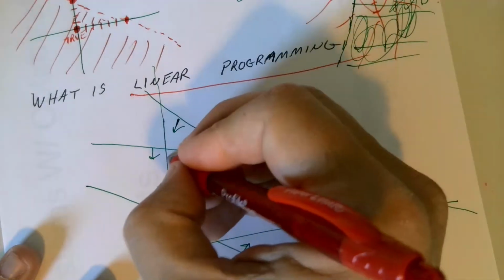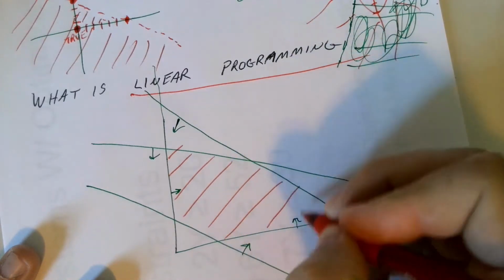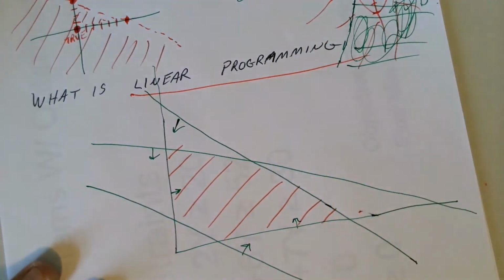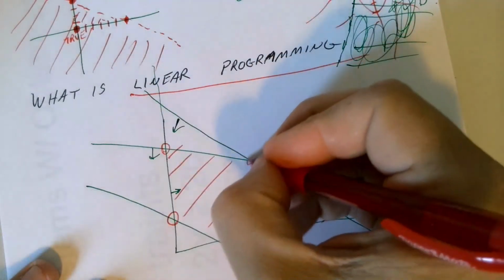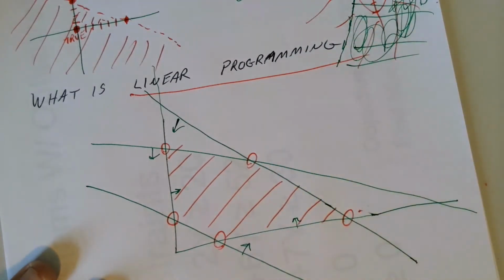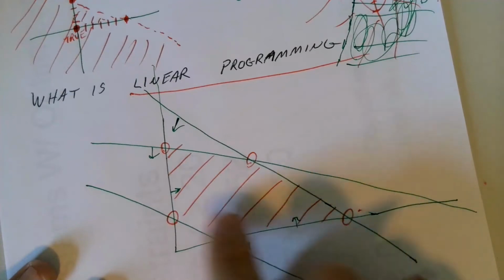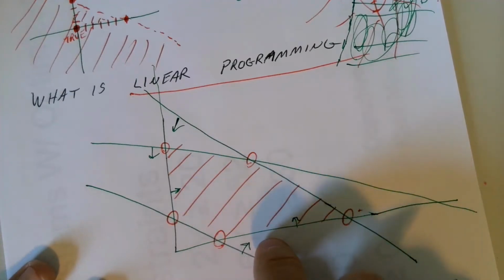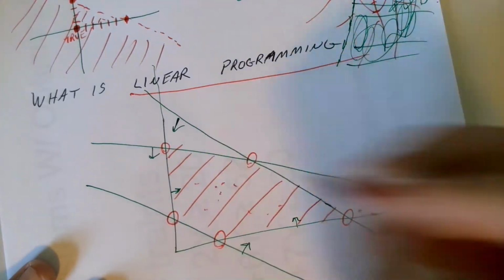And then it looks like my region right here would be this thing. What is this? Let's count it. 1, 2, 3, 4, 5. Looks like a pentagon. So that pentagon has all the solutions to this problem. And any of these points in here would work.